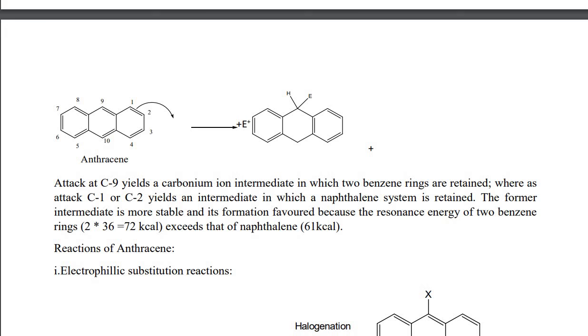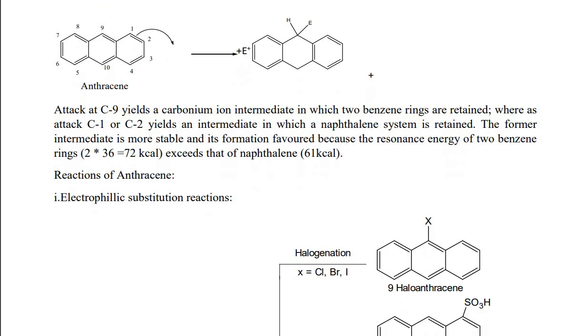The former intermediate is more stable and its formation is favored because the resonance energy of two benzene rings exceeds that of naphthalene. So now you understand why the 9 position in anthracene is important for electrophilic substitution, because two benzene rings have a resonance energy equal to 72 kilocalories per mole.